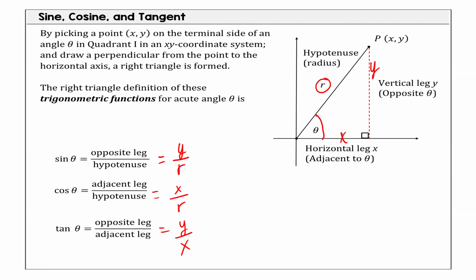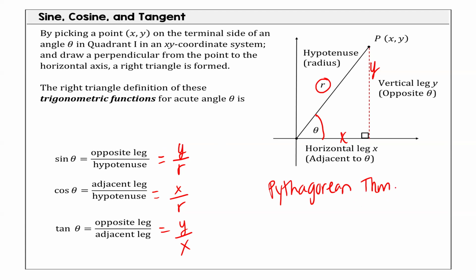Does that make sense? There is a relationship between your X, Y, and your R. Can someone tell me what that relationship is called? Good job. Pythagorean theorem, which is normally a squared plus b squared equals c squared.